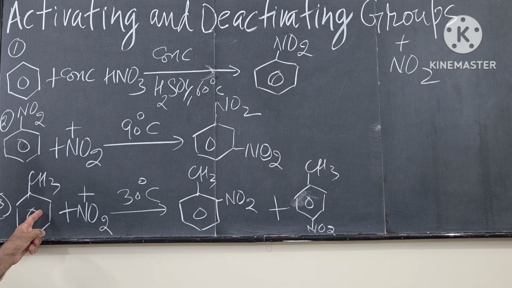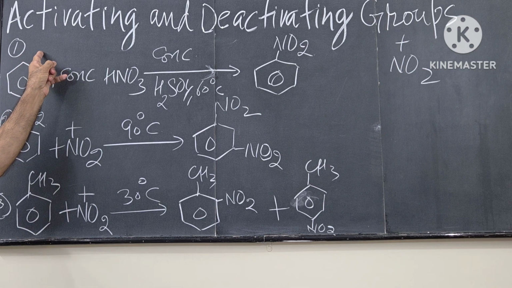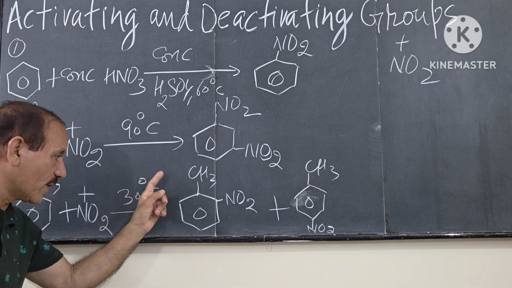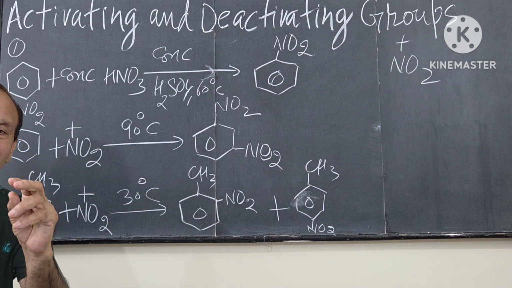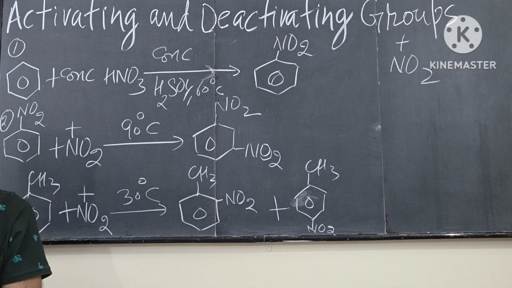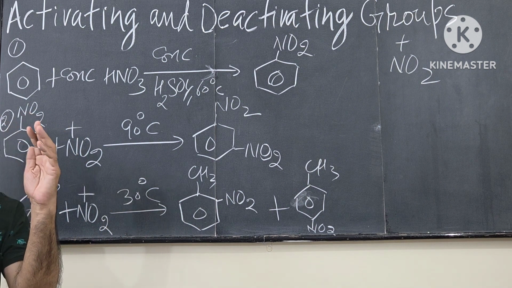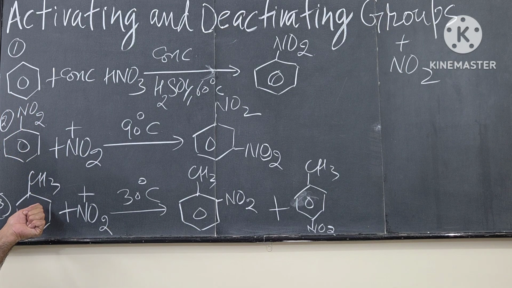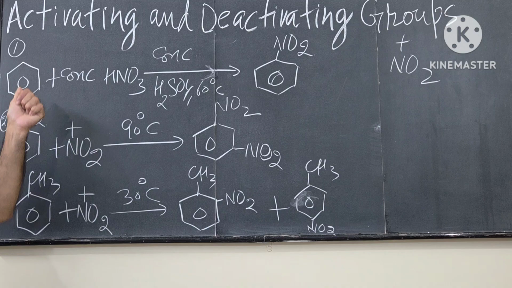Here, in case of toluene, as compared to reaction 1, in reaction 3 less heat is required. The reaction occurs at lower temperature, meaning reaction conditions are milder. It means toluene is more reactive than benzene.